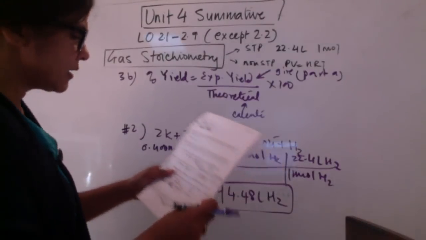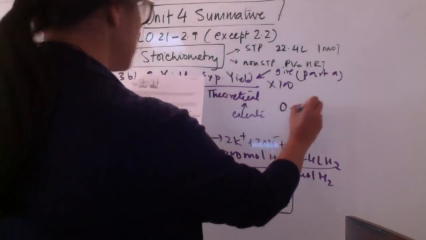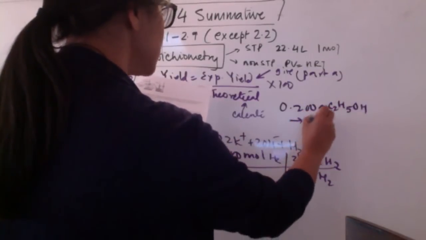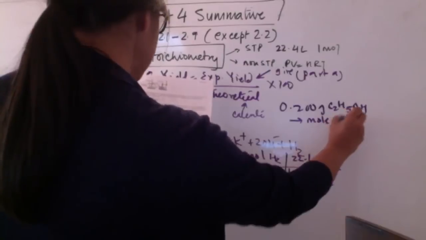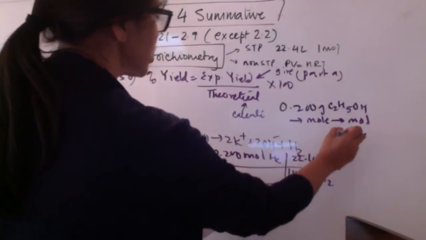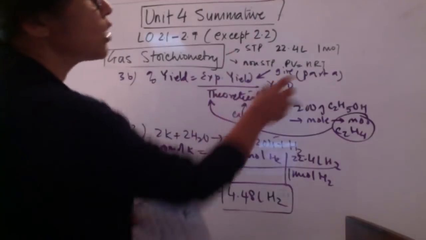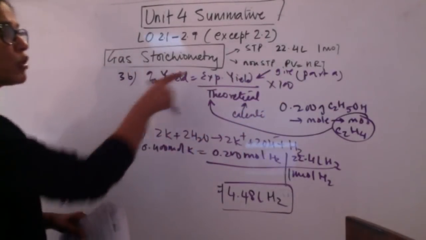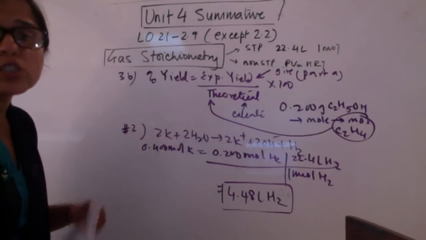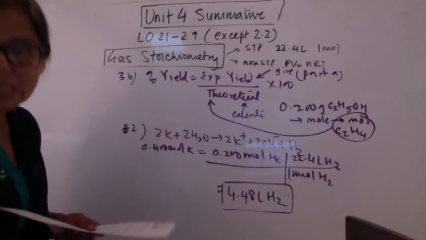So theoretical yield you get from converting 0.200 grams of C2H5OH to moles, then use mole ratio and get moles of C2H4 because they've given you the equation, and using this mole of C2H4 here and the one that you got in part A, moles of C2H4 there, you get percent yield. Percent yield, you can use either the moles or the grams. In this case, we can use moles because we can calculate moles easier.